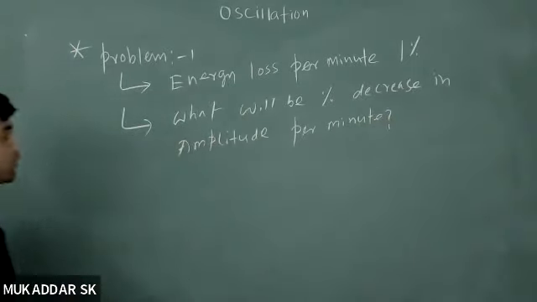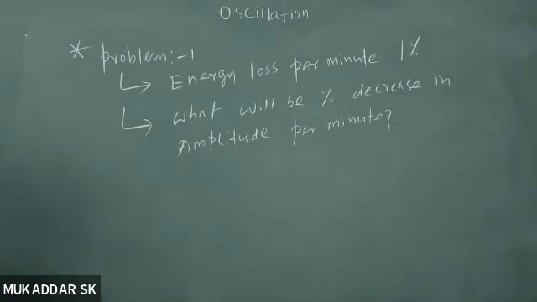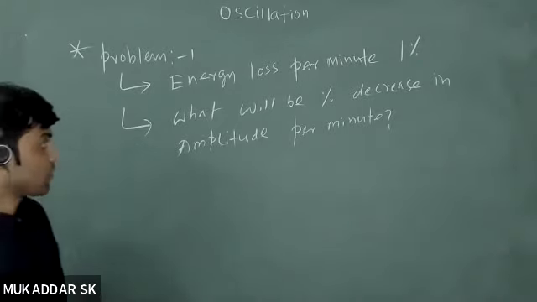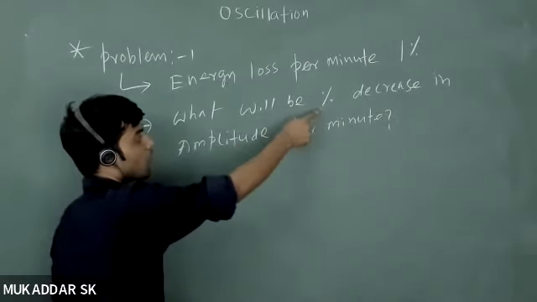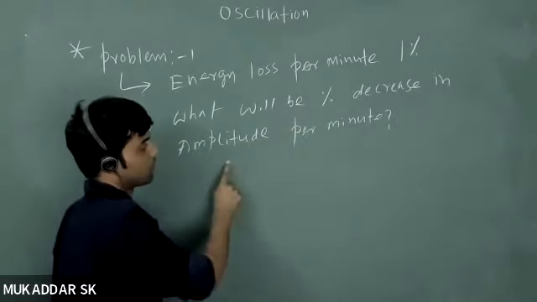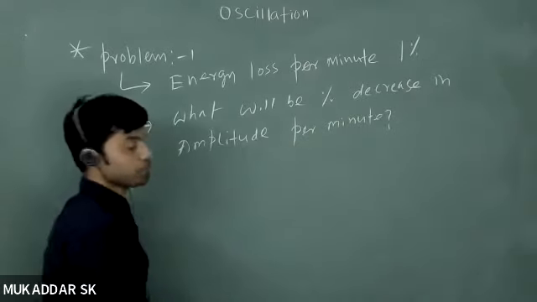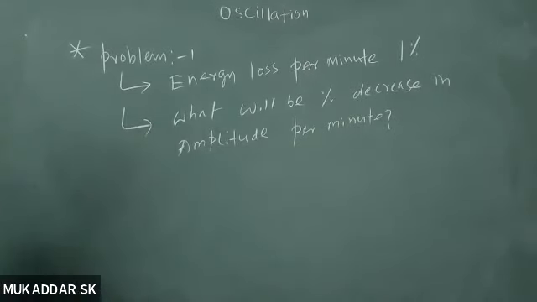Okay, so the percentage of energy loss per minute is provided as 1%. And the question is, what will be the percentage of decrease in amplitude per minute? And your system is a damped oscillator.